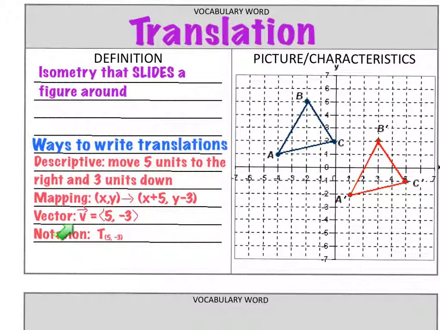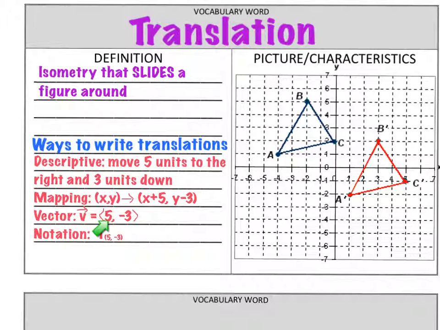Another way is vector, looking at a vector. That's new to you, I'm sure. But you use a lowercase v with a little arrow above it. You use the less than and greater than symbols and what you want to happen. So if you want to move 5 units to the right, you would use a +5. If you want to move 3 units down, you would use -3.